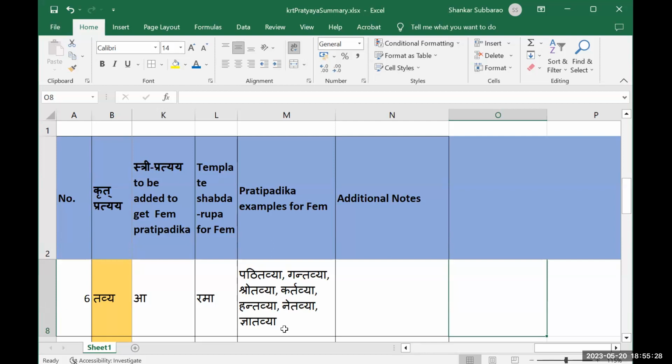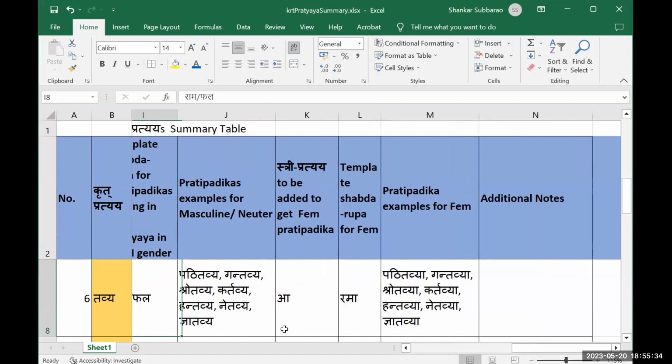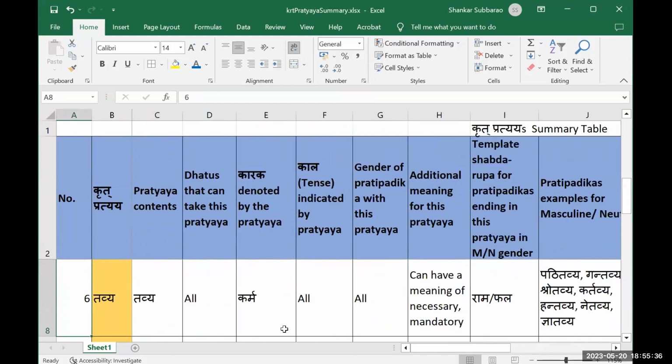Gender becomes very significant when you know which word you're qualifying, because all these are qualifiers. All right? Tavya. Similarly, aniya, no difference. Bhajaniyam, mananiyam, karaniyam, pathaniyam, darshaniyam, etc. What does it mean? Same as tavya, no difference.